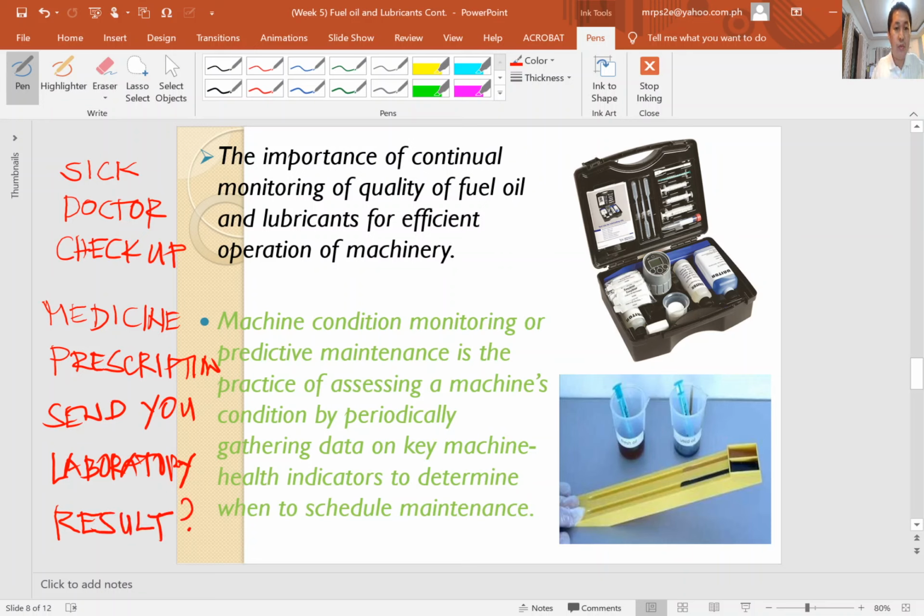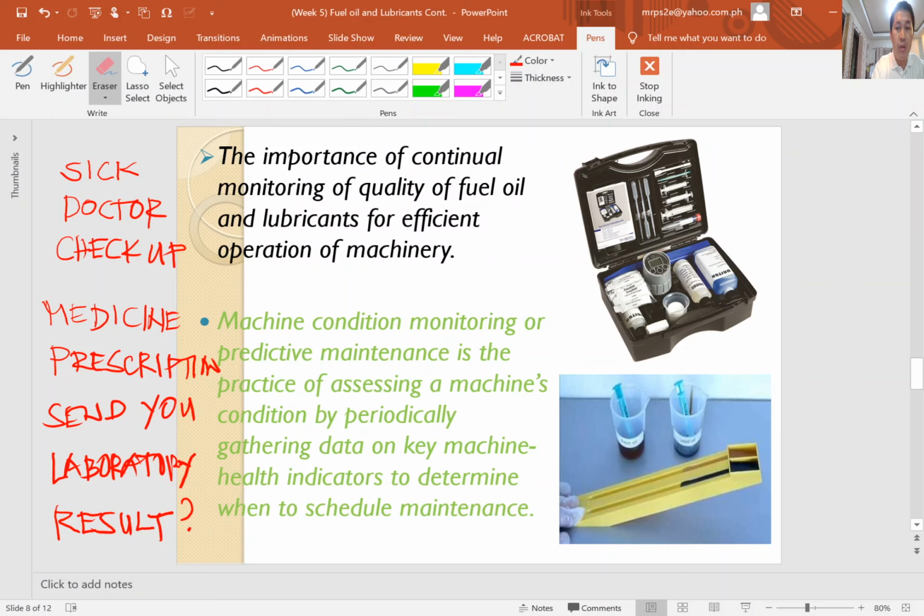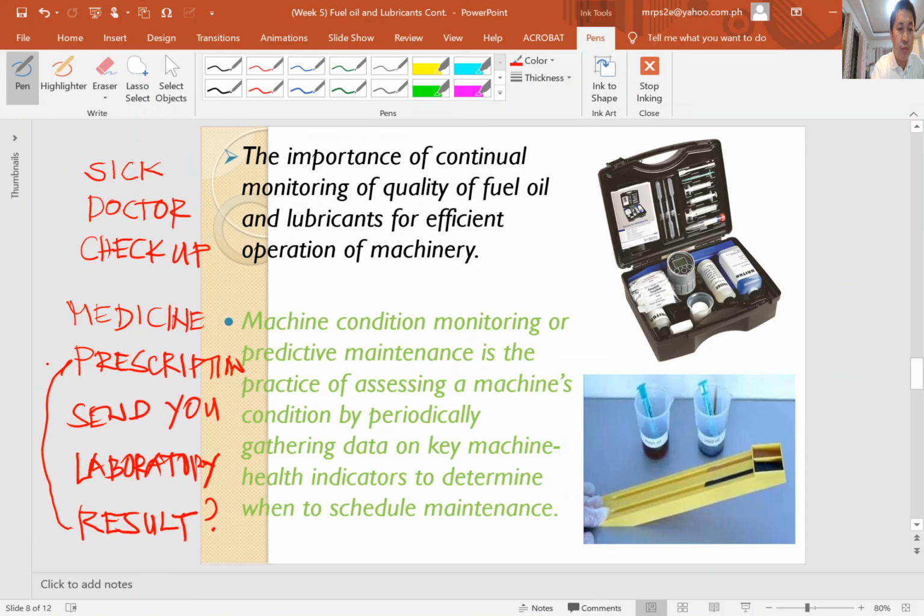With your result, the doctor will analyze and will give you the medicine prescription or the reseta.